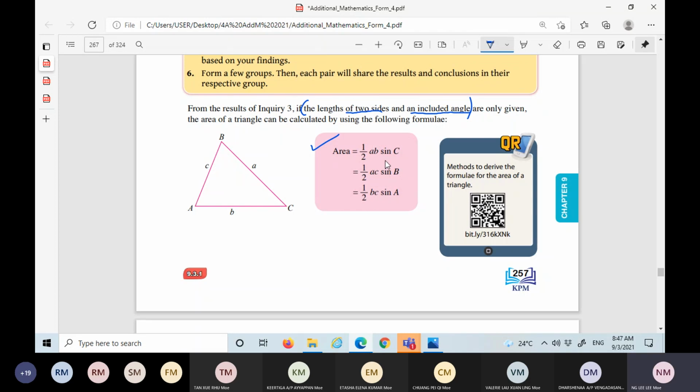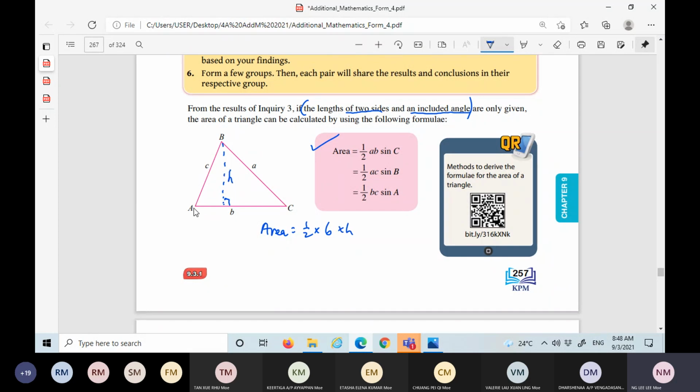How to prove this formula? Let us start with this. We still use back our original formula of the area of a triangle: half times the base times the height. So I make this one the height.